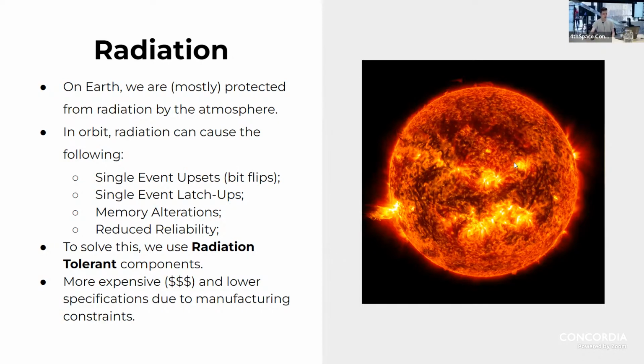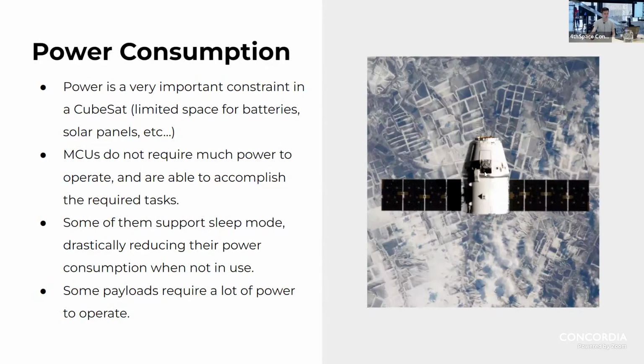The next thing that we have to keep in mind is power consumption. So a CubeSat is very limited in size. A 3U CubeSat like what we have, I'm assuming most people here have held a Rubik's Cube before. It's one Rubik's Cube and then another one stacked on top of each other. So the overall amount of space that you have for solar panels, for batteries is very limited.